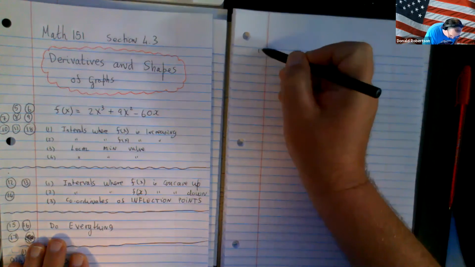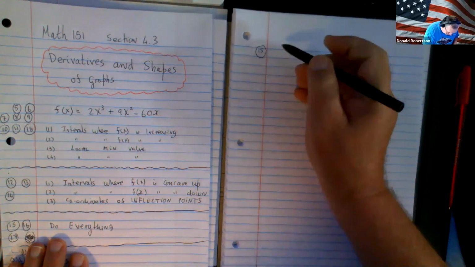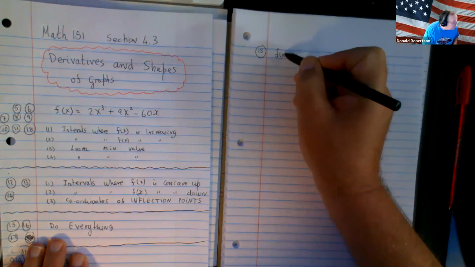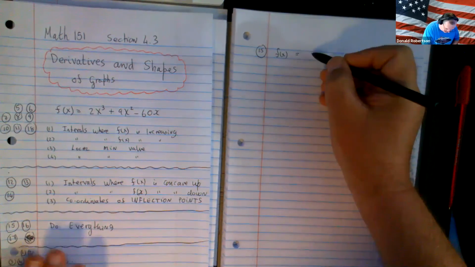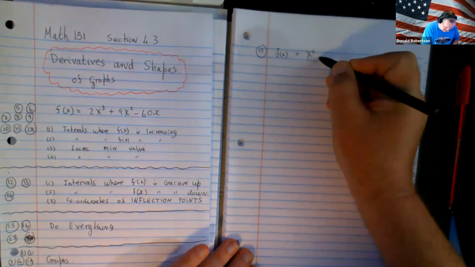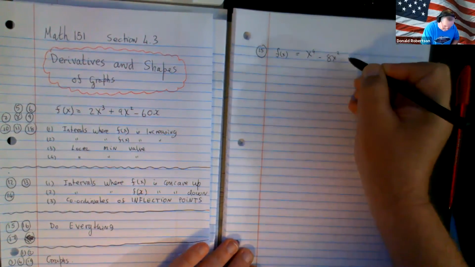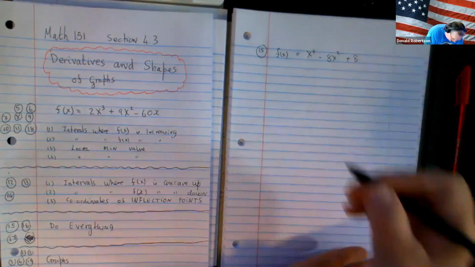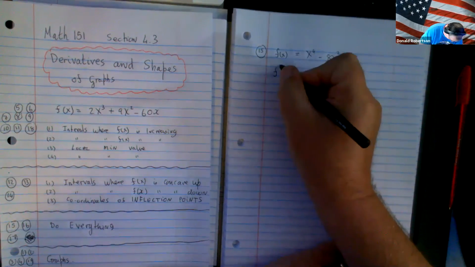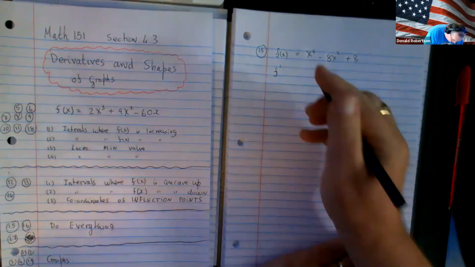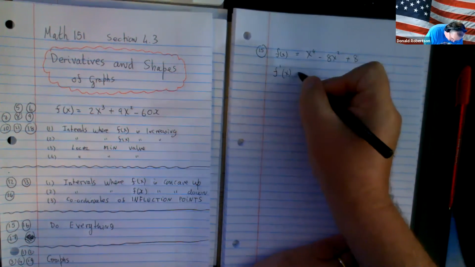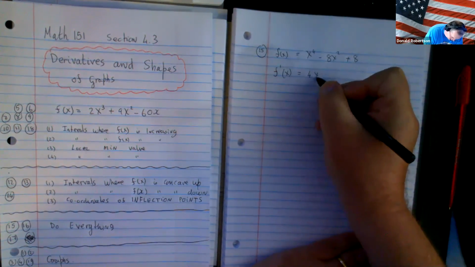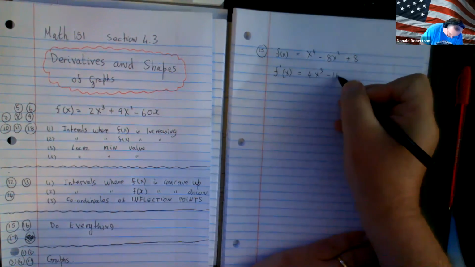Question 15. Okay, you're going to have to get an abbreviated version of this fella. Got 4 minutes.